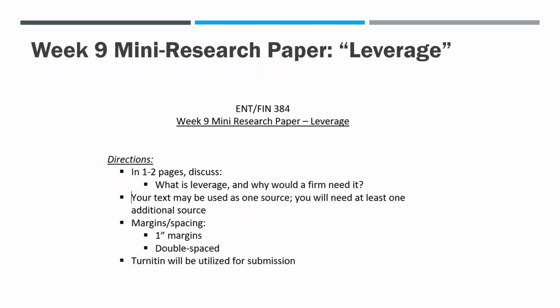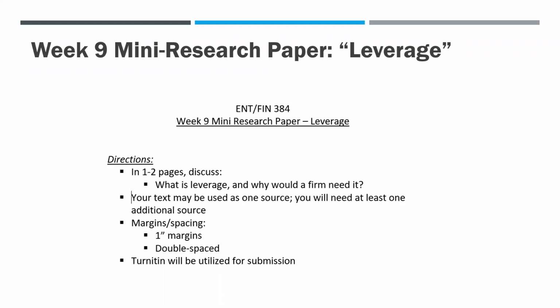That covers our material for the week. So the next topic is a little bit of discussion on the mini research paper, which is on leverage, and it's really just one of the discussion questions in the text in the form of a small paper. So again, just 1 to 2 pages.